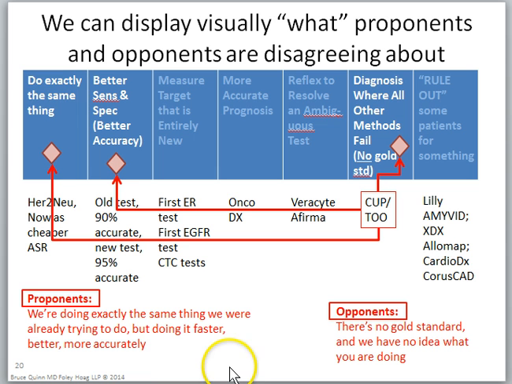The proponents said, we're doing exactly the same thing we were trying to do before, but in cases when we couldn't accomplish it. But now we're doing it faster, better, and more accurately. So if the parties are arguing way over on the left versus way over on the right in terms of the value proposition, unless they recognize that, they're just going to yell at each other and not make any progress.